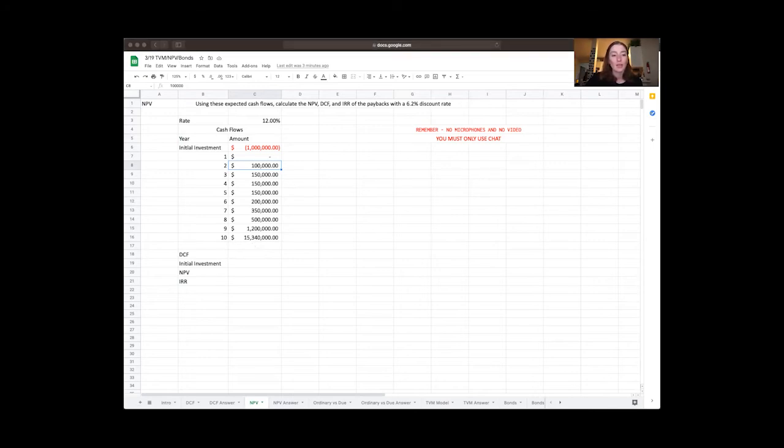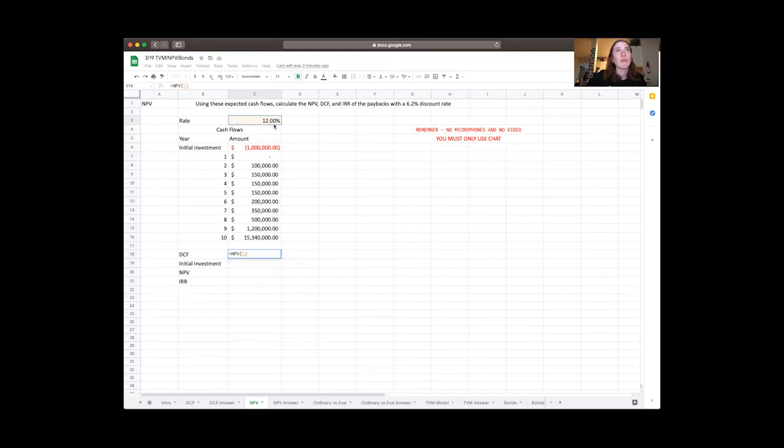Now, going from here, it's the same thing as what we just did. So for your discounted cash flow, first thing you're going to do is equals NPV. You're going to click discount. So you guys see right here, it says click discount, and even below it says example, and it shows that's your percentage.